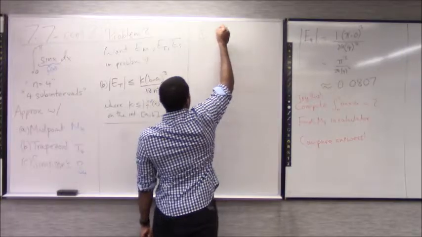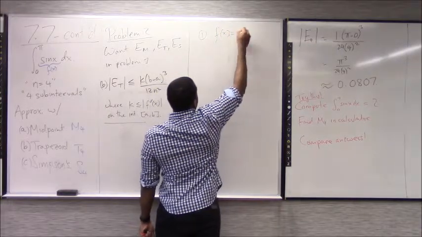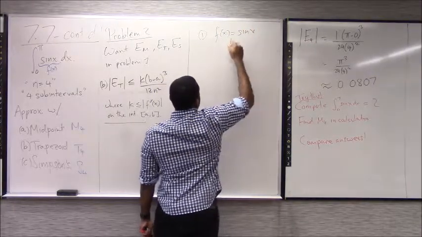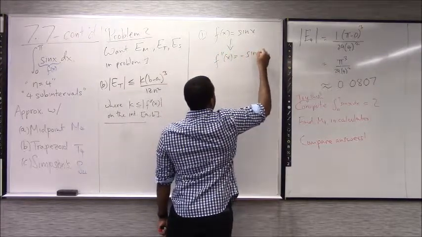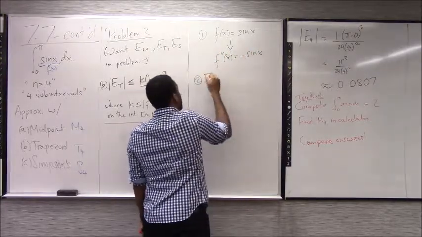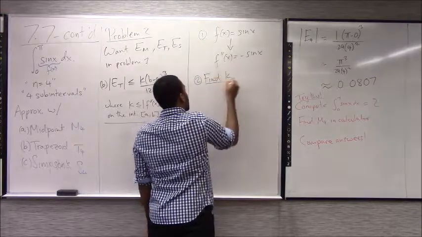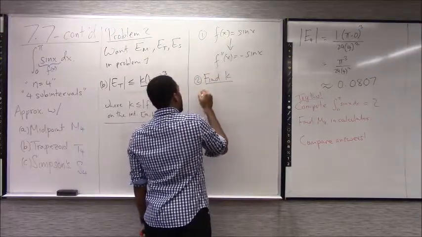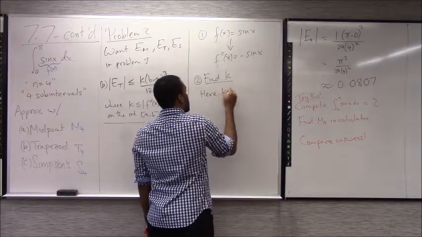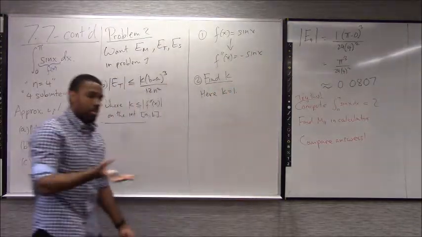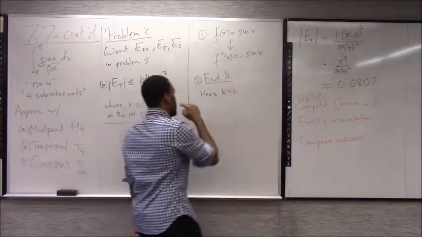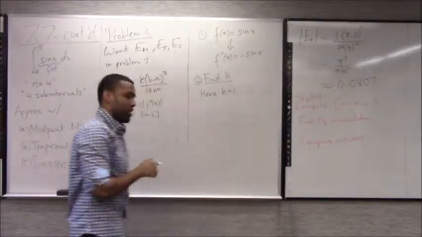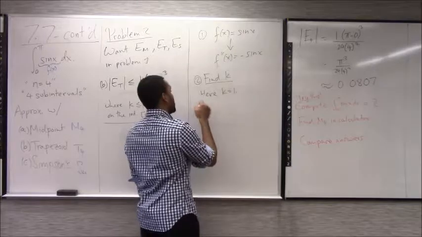So here, the first thing we're going to do is find our second derivative. Sine x is this. We already found that f double prime is minus sine x. Second, we're going to find k. I'm choosing a nice function with nice numbers for our first example. In the book, you'll have a little more trouble finding these.